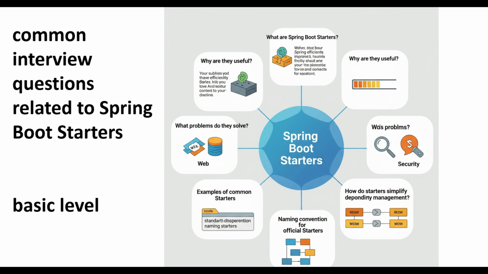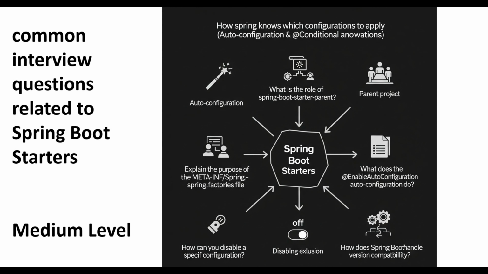Then let's look at the intermediate level of questions. How does Spring Boot know which configuration to apply when you include a starter? So you have to explain auto configurations and the conditional annotations. What is the role of the starter parent?